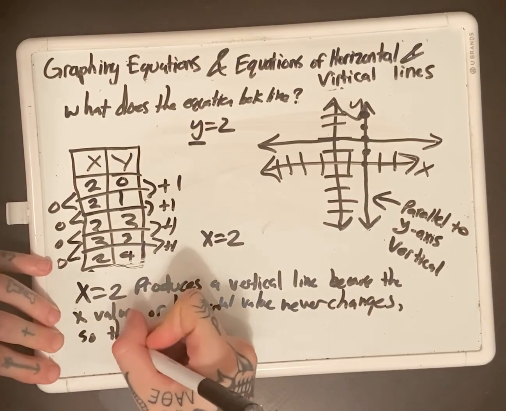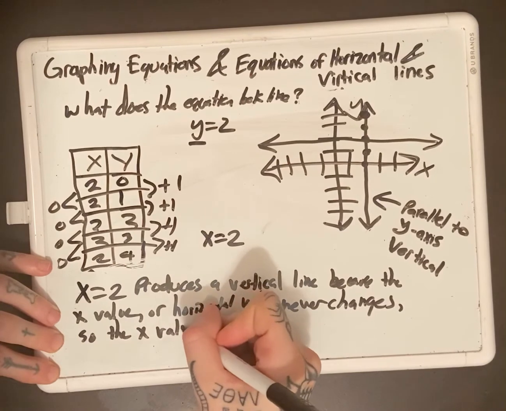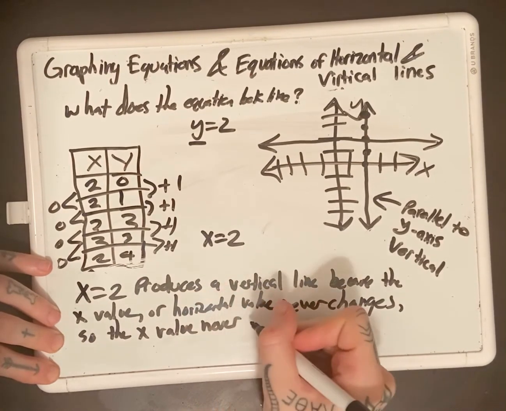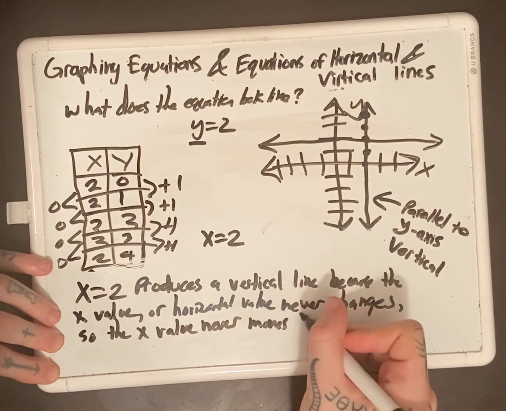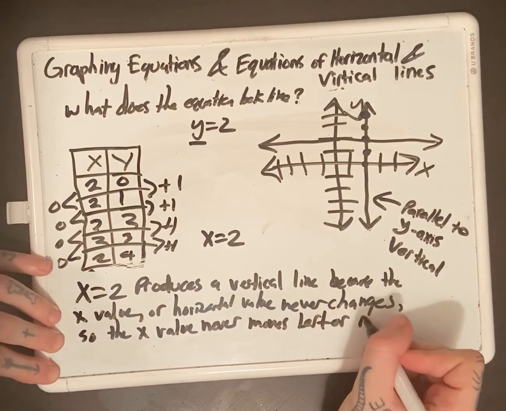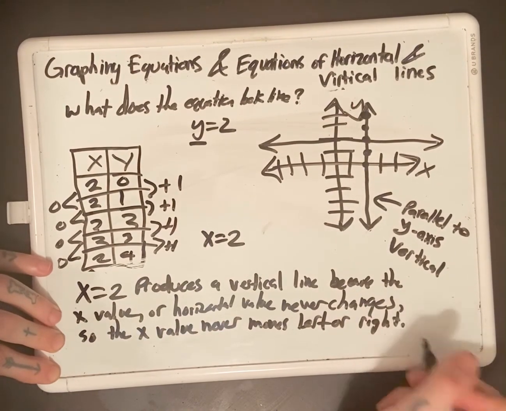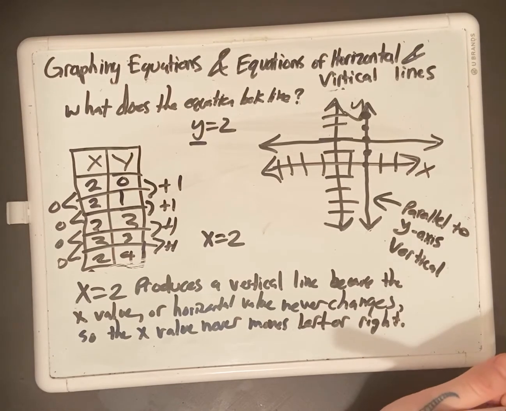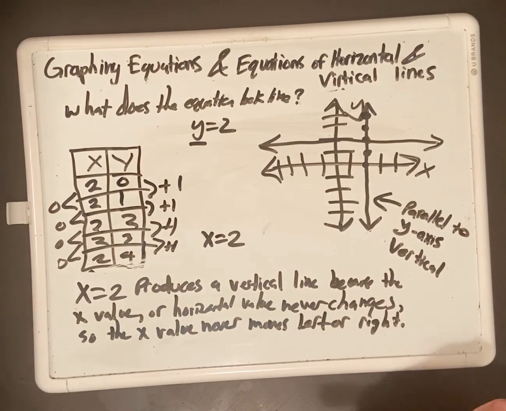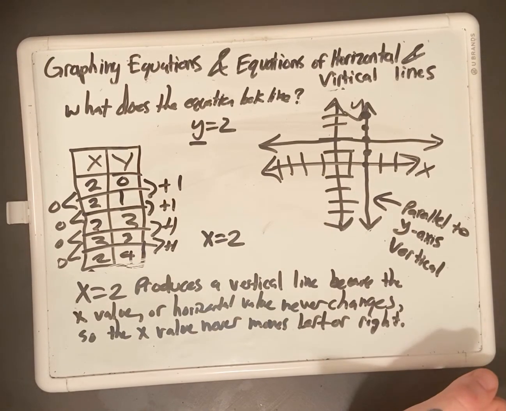So the x value never moves left or right. Okay? So at this point, you should have enough info to move on to the handout.